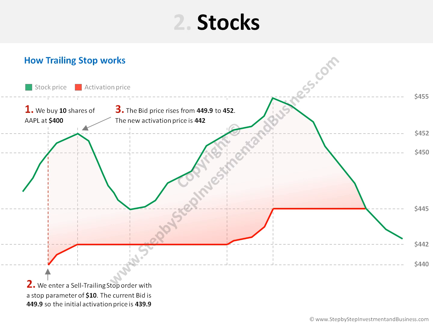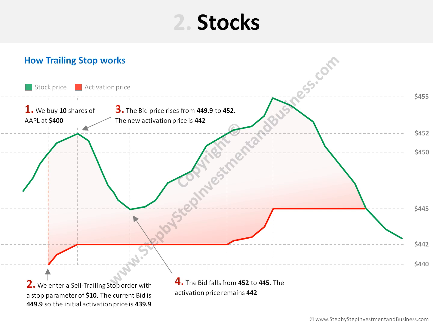Suppose the bid price rises from $449.9 to $452. The new activation price is $442. As the bid moved up, the new activation price also moves up in order to maintain those $10 we had entered as stop parameter. So the new activation price of our trailing stop order is $442.